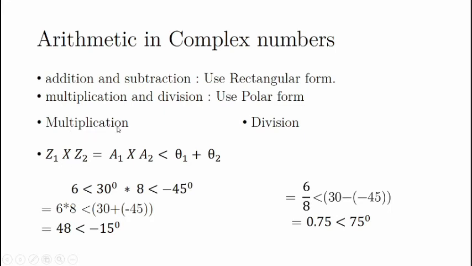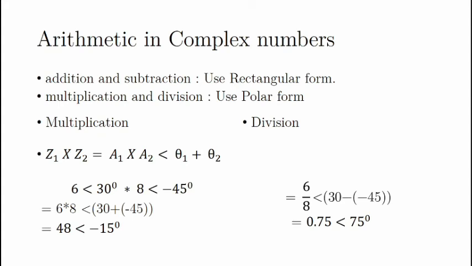If you have a multiplication of two complex numbers z1 into z2, always we have to multiply the magnitude part, whereas you have to add the angular part. While multiplying two complex numbers, multiply the magnitude parts and add the angular parts.